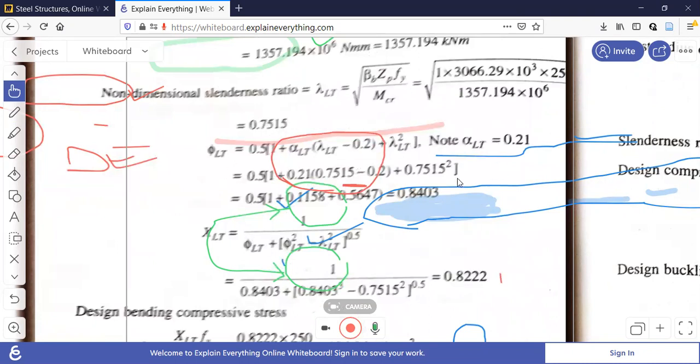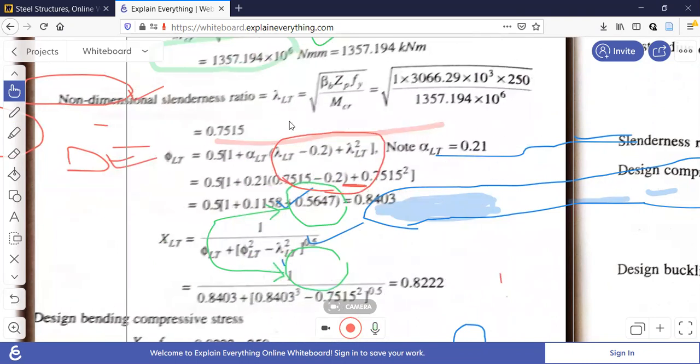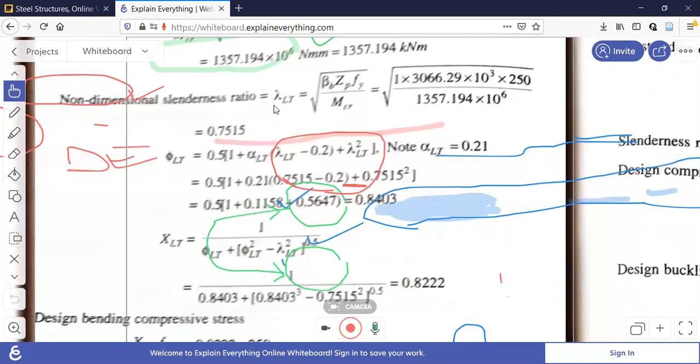I have done it already. Only this lambda LT is different. The way I calculated lambda LT using MCR is not there in the previous solutions. So using MCR, that is root of beta B ZP FY by MCR, I am going to find lambda LT. You go back to the previous day's notes to see how lambda LT was calculated without MCR.